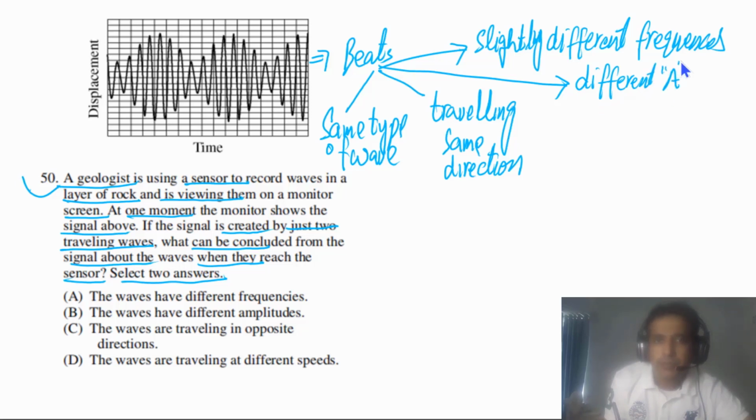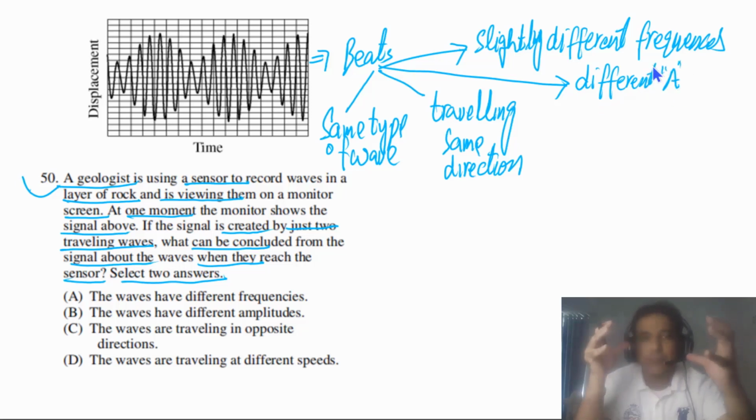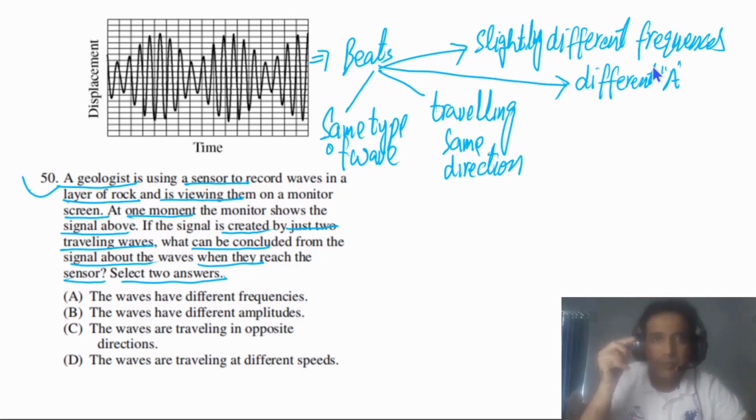I'm just writing it, different amplitude. When these waves meet, they form beats. So if you understand these concepts, then we can figure out the answer.